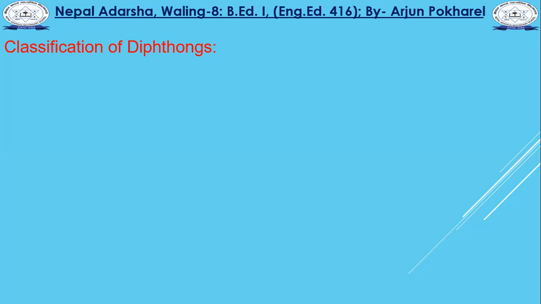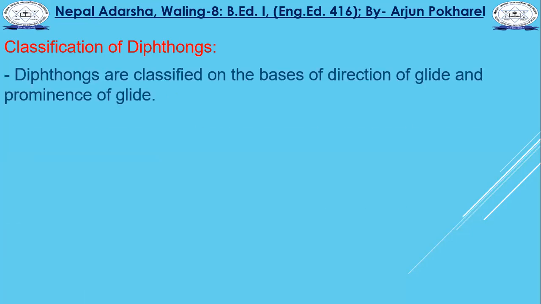The classification on the basis of the permanence of glide is still remaining, and we will do that in detail as the second classification. The first classification we have done, and I'd like to go fast here.